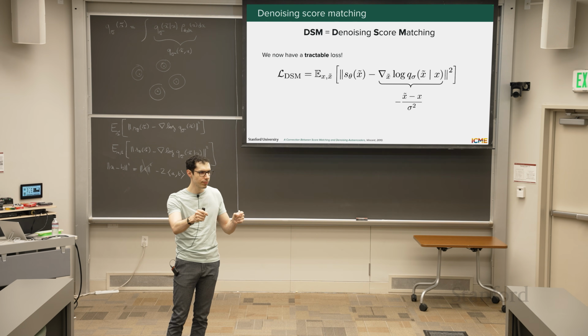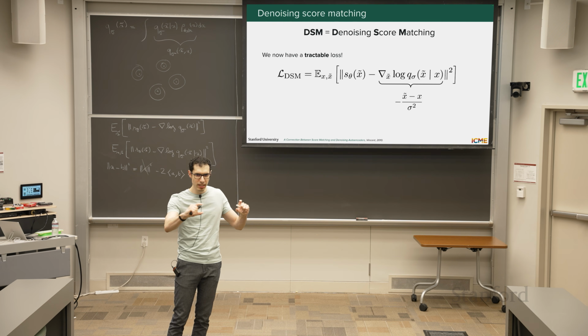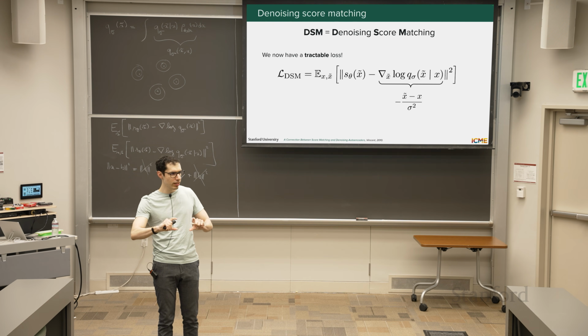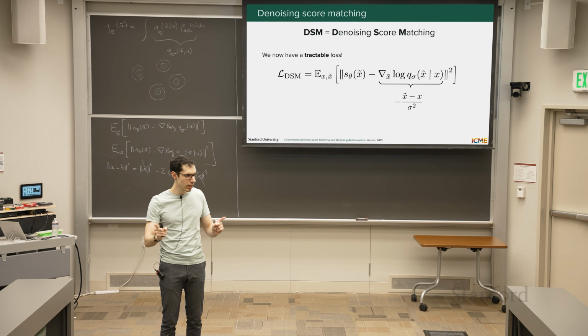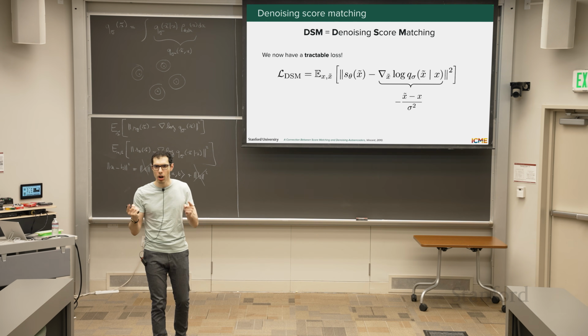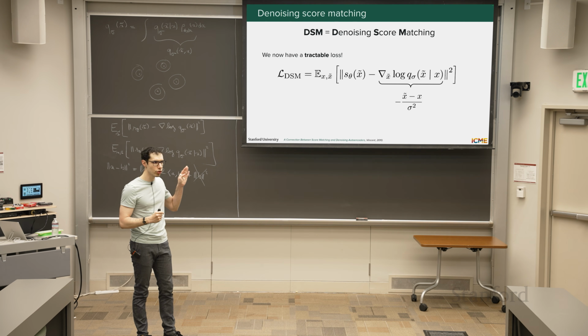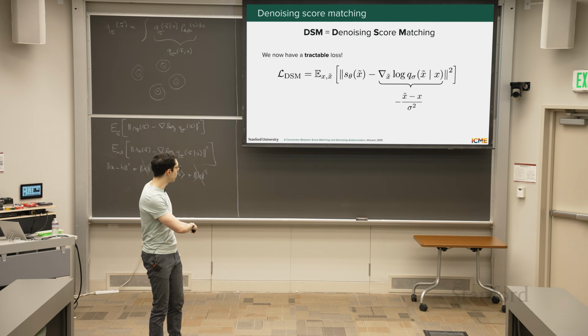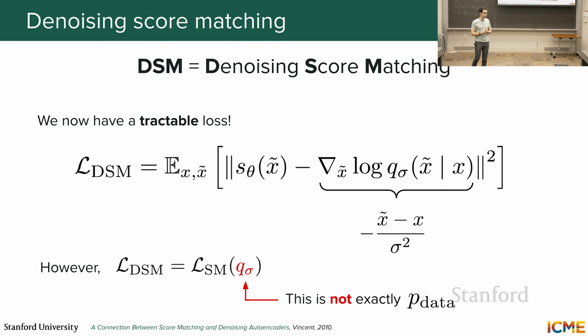And what we showed was that optimizing for the loss that is not tractable is the same as optimizing for a loss that is tractable. In other words, you are able to estimate the score of a noisy data distribution. But it is still not equal to p data, because what you want is p data, not the noisy data distribution. So it's only going in the direction of what we want, but it's not exactly what we want.